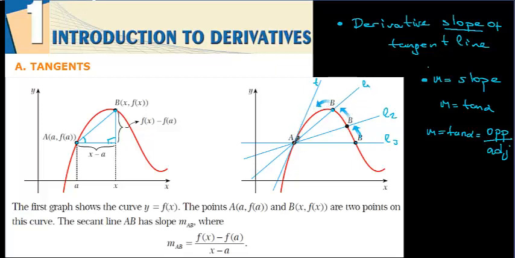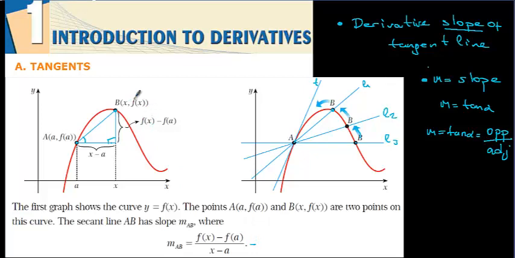When B becomes A, the line gets closer and becomes the tangent line. And what is the relation here, and how to calculate that? If you ask, I will explain again.